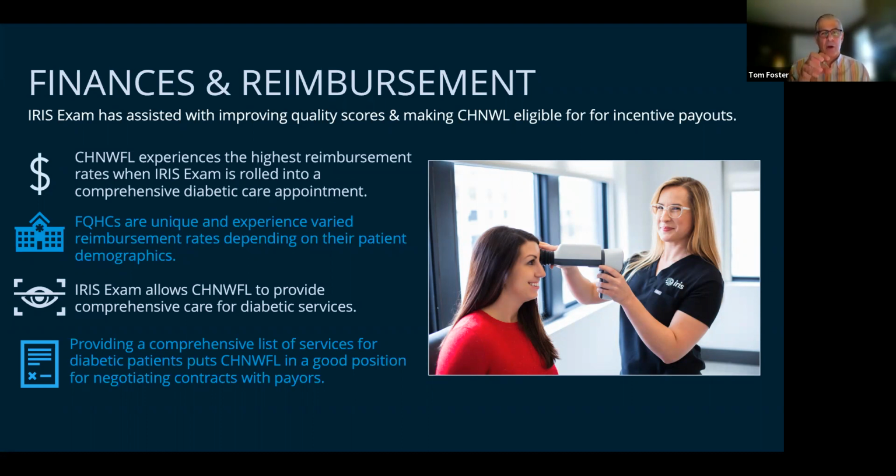Depending on whether you are judged by HEDIS scores or other metrics, NCQA or whatever they are, certainly having a higher percentage of your diabetics having an annual eye exam improves your metrics and improves the opportunity for whatever your arrangement is, whether it be bonuses or excess financial benefit that comes back to your practice or your clinic or your organization based on having those higher quality metrics. Obviously, that's incredibly important.